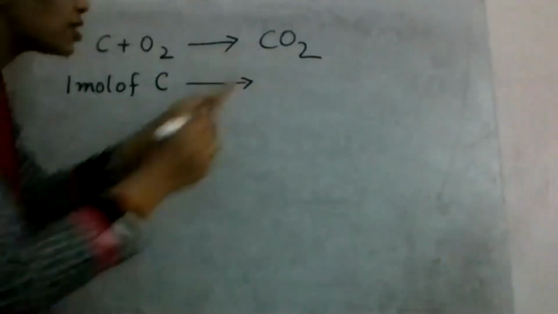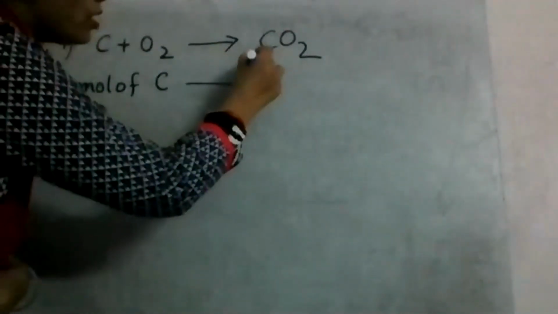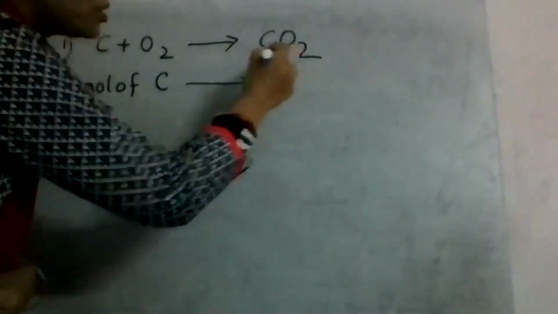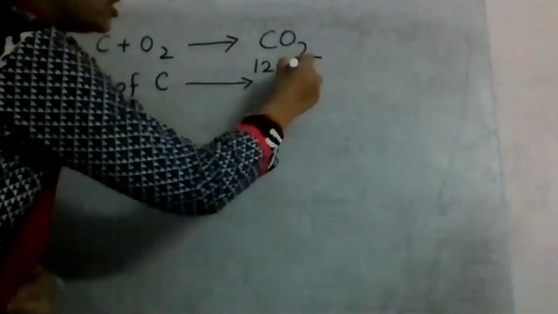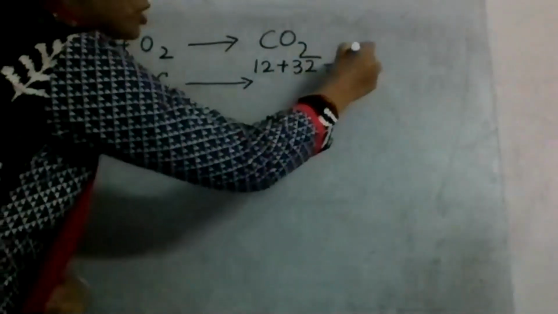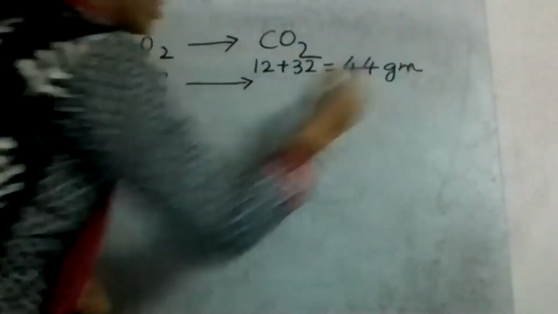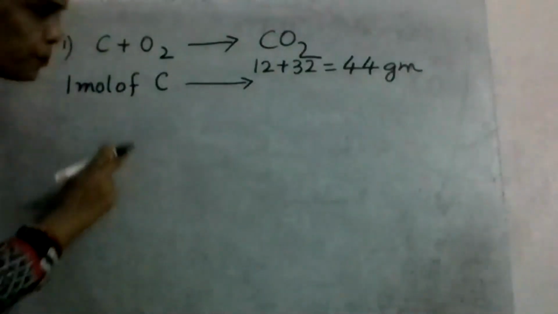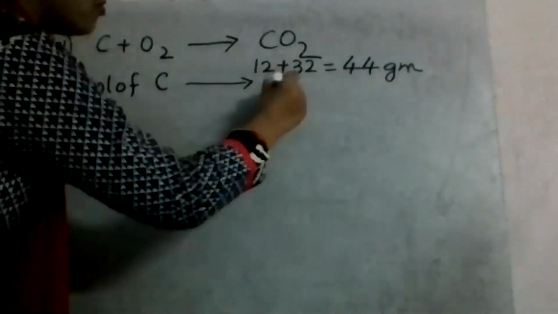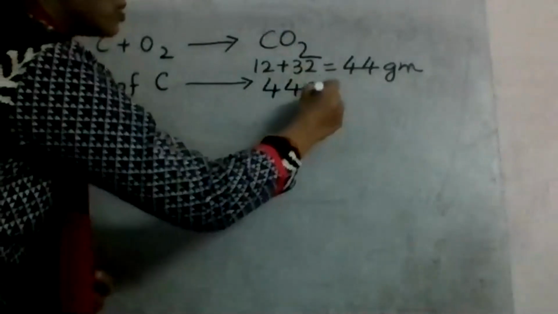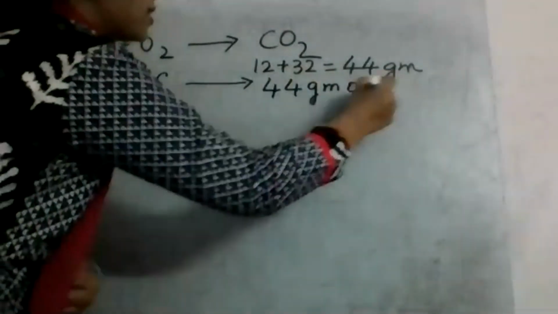That is the question asked. Carbon is 12 grams, oxygen is 16 into 2, 32. So the molecular mass of carbon dioxide comes out to be 44 grams. So 1 mole of carbon burns in oxygen to give 44 grams of carbon dioxide.